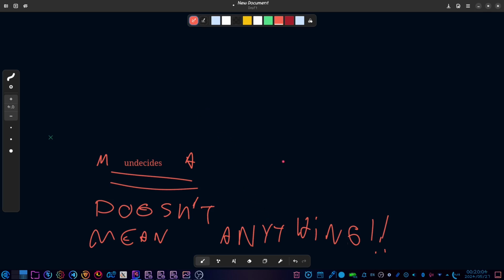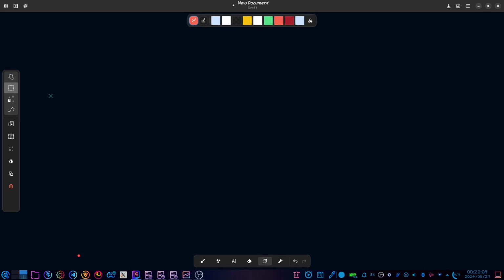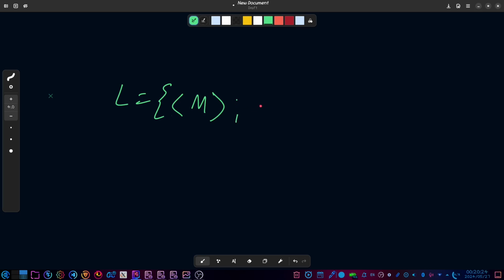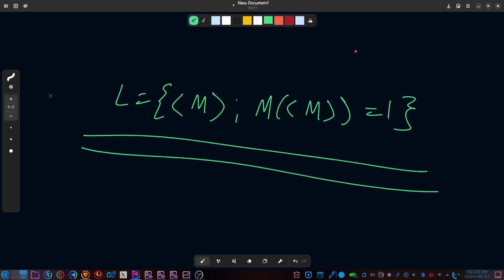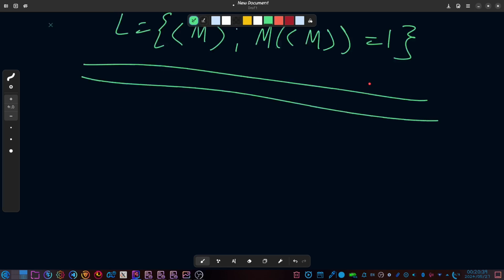But while my brain is on complement, I do want to mention something. There's another minor misconception people are having, right? Let's say we have the language equal to the set of Turing machines M such that M on M accepts. Right? So this is just the set of all Turing machines that accept themselves.